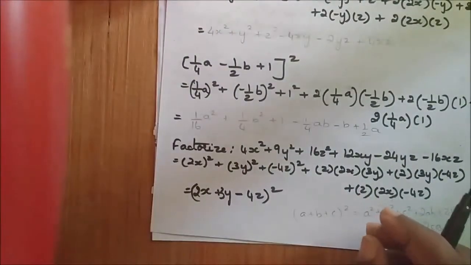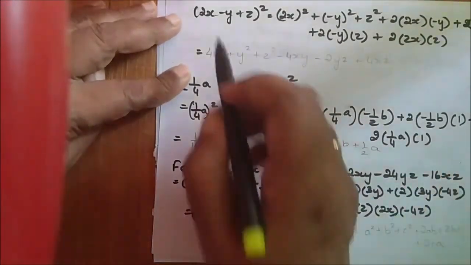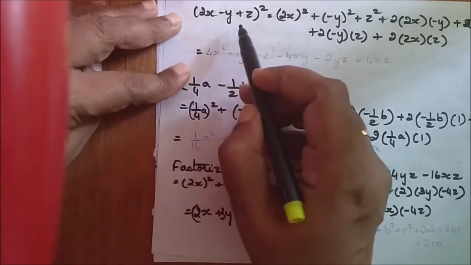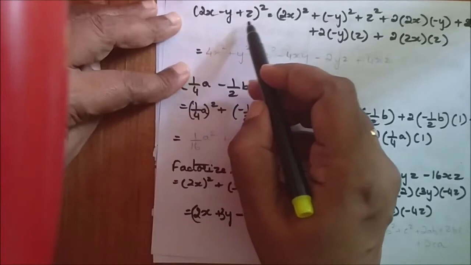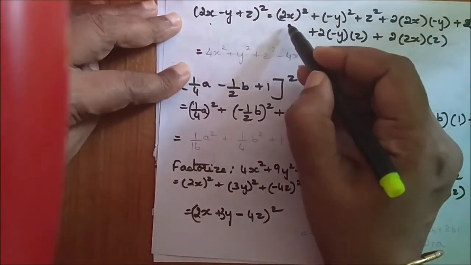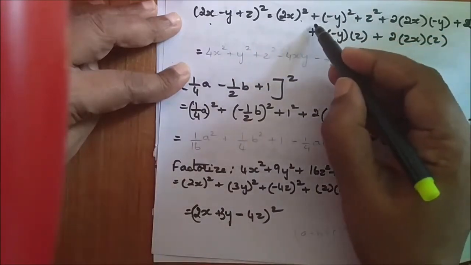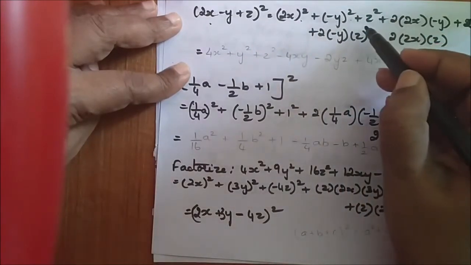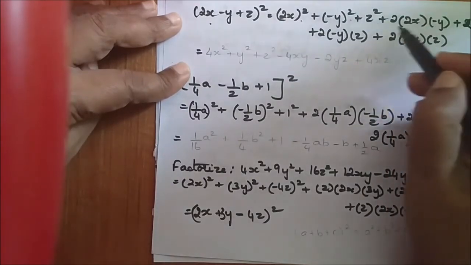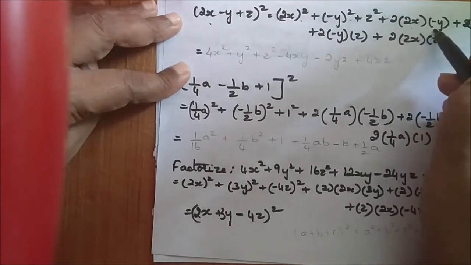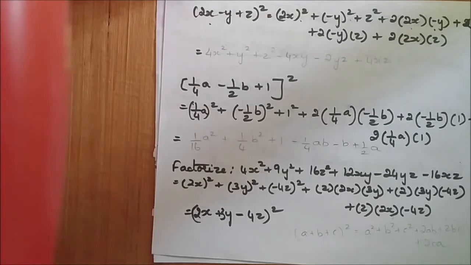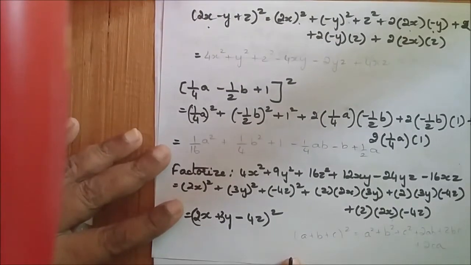Now we'll go to the next problem, that is 2x minus y plus z the whole squared. This resembles the formula x plus y plus z the whole squared, isn't it? So here my x is 2x. So 2x the whole squared plus minus y the whole squared plus z squared plus 2 into xy, so 2 into 2x into minus y plus 2 into minus y into z plus 2 into 2x into z.